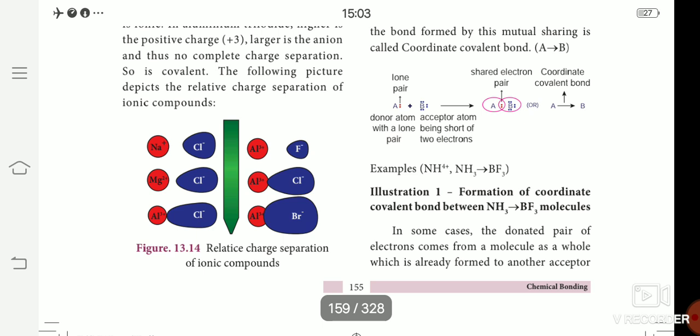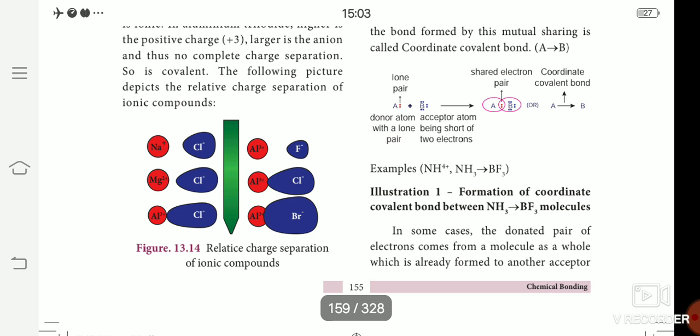The ionic compound has low positive charge and covalent character has high positive charge. See the diagram. The positive charges are in the smaller size and negative charge in the large size. In the ionic compound the positive charge is low and in covalent compound it is high.